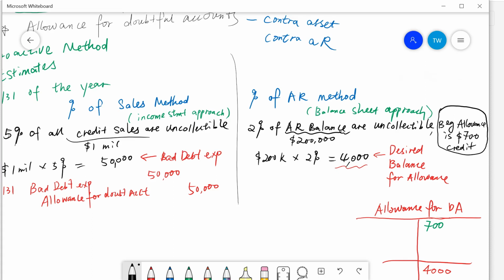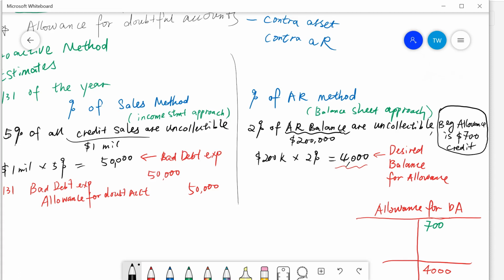If that's the case, we have to go one more step, because this is a balance sheet approach, so a percent of a balance sheet account gives a balance sheet account, which is allowance for doubtful accounts. So this 4,000 is the ending balance for allowance.